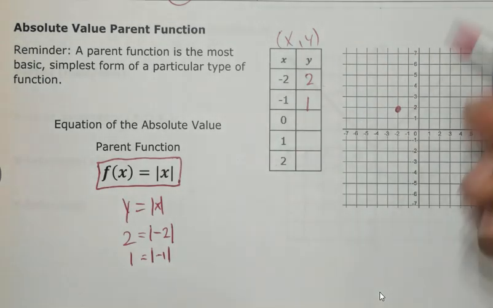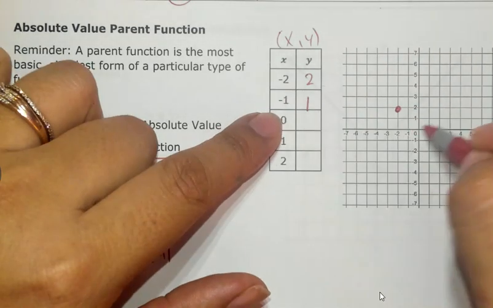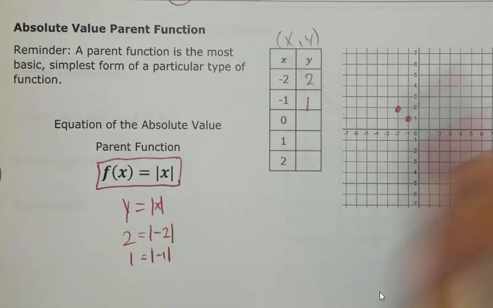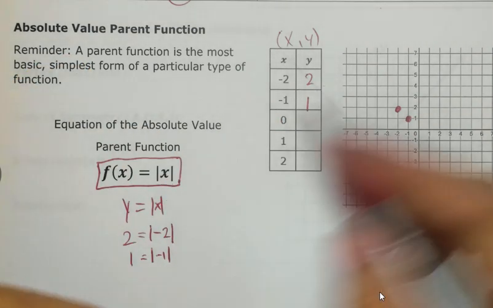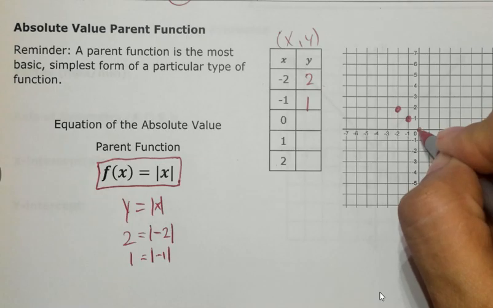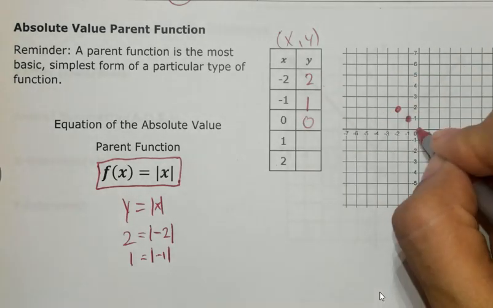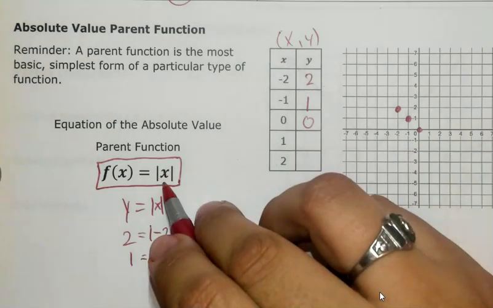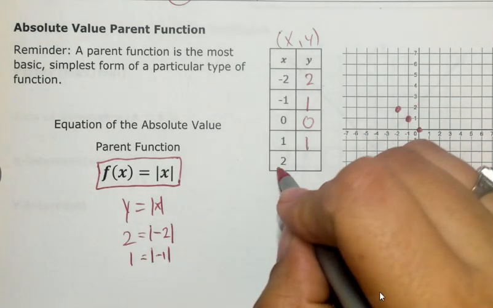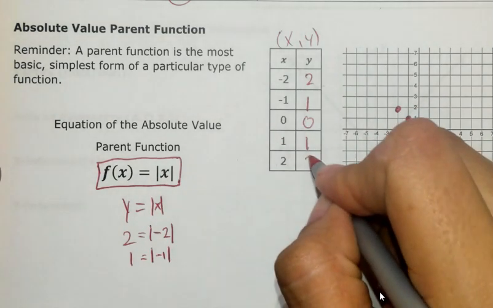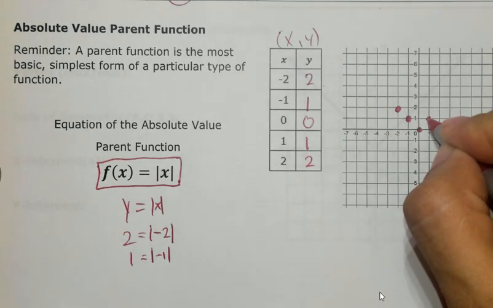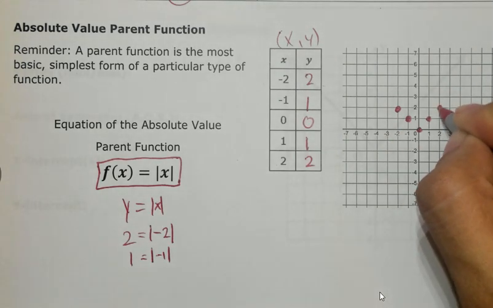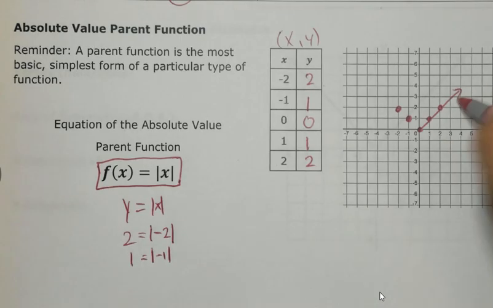So again, this is a point, -1, 1. And then absolute value of 0, the distance away from 0, so that's 0. Distance away from 0, if the absolute value of 1 is asked, so 1. And then absolute value of 2 is 2. So when you plot these points, it creates this graph right here. It's like a V-shaped graph.